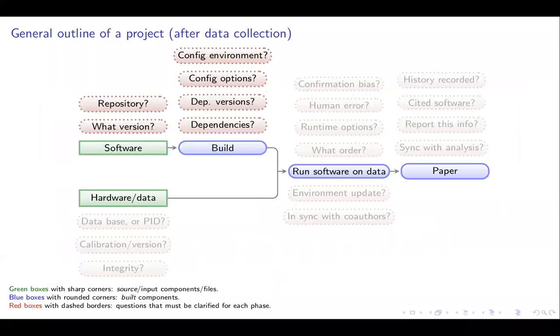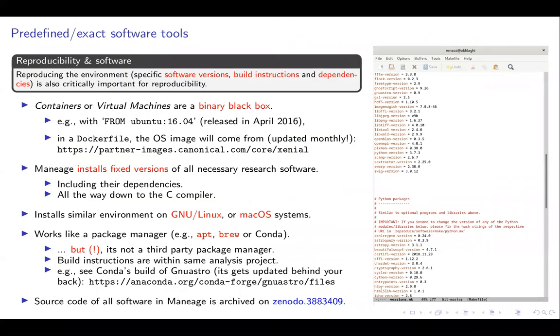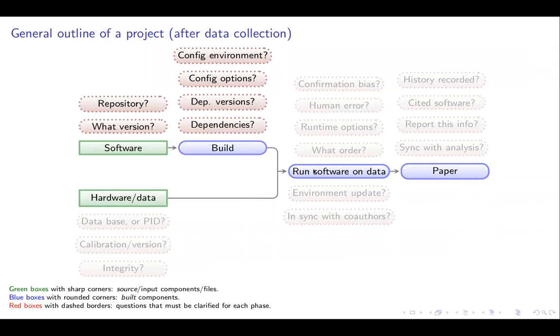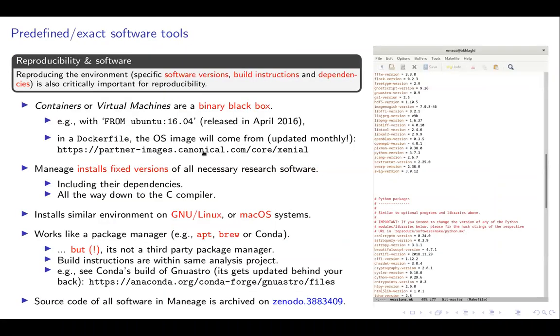So the first part is about package management. First we'll just look at this top left part of the plot. The whole thing is designed in Make, from the package management to the analysis, to building the PDF of your paper.